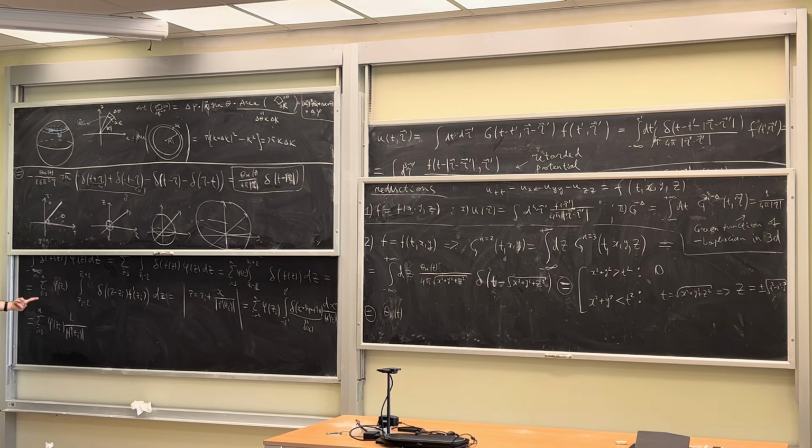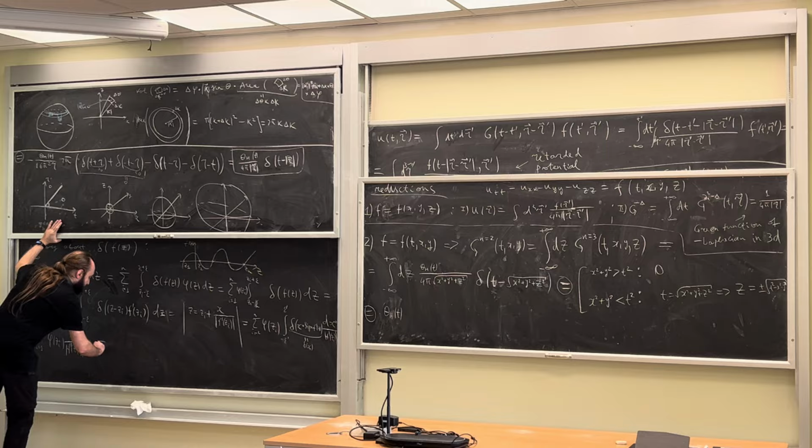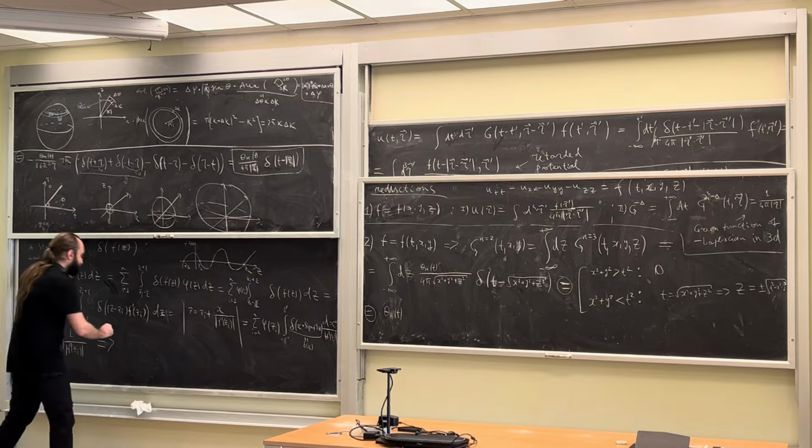And since this works for an arbitrary test function phi, what can we say about delta of f of z?